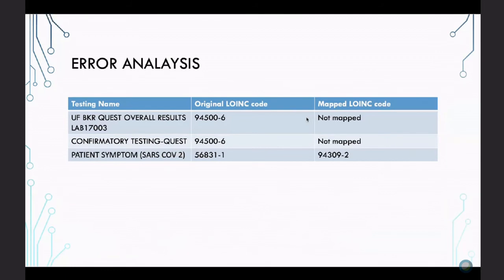This does not contain any specific testing information, and our tool just assigned it to 94309-2, a very general code for COVID-19 RNA testing without any specific specimen. Our system doesn't understand why 56831-1 was provided, probably due to some additional information available to the local hospital only.